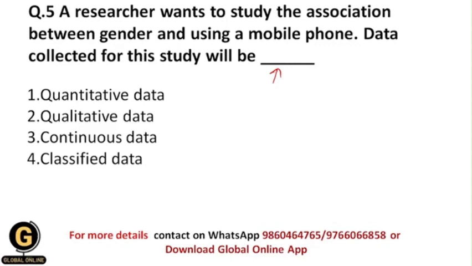So whether the researcher will collect quantitative data or qualitative data, continuous data or classified data. Mainly, students, there are two types of data within research, and those are quantitative and qualitative data.